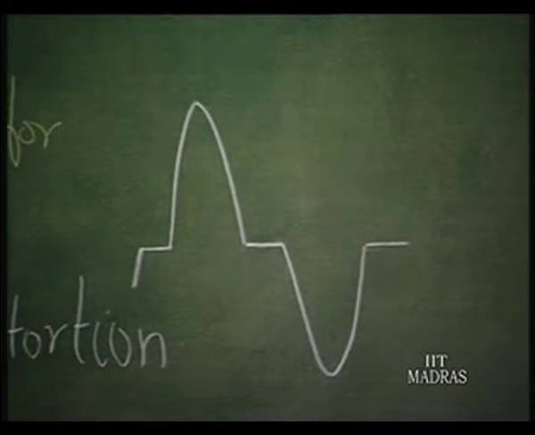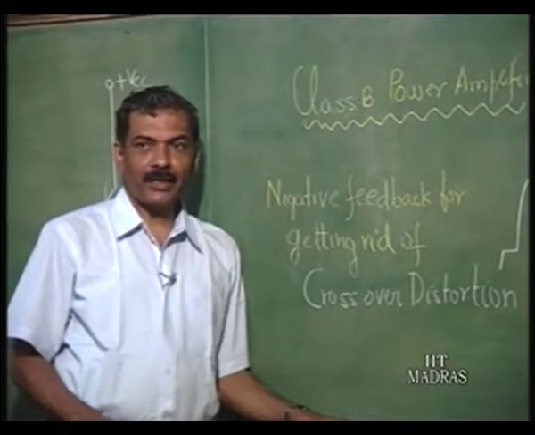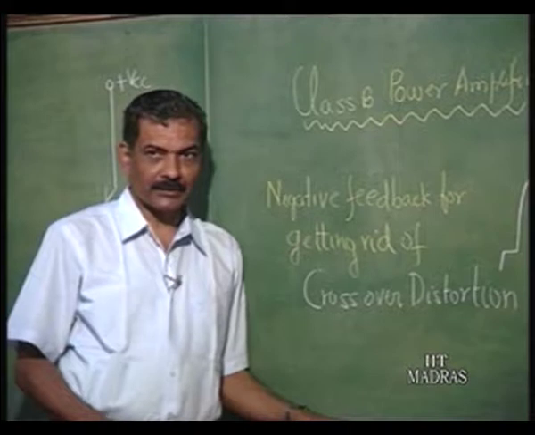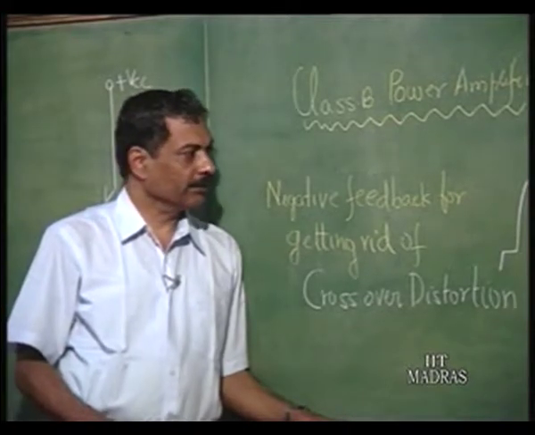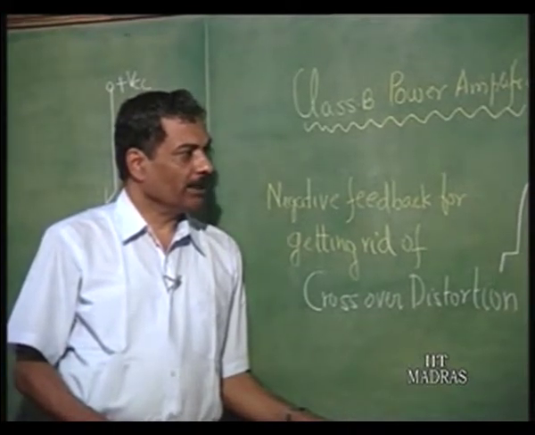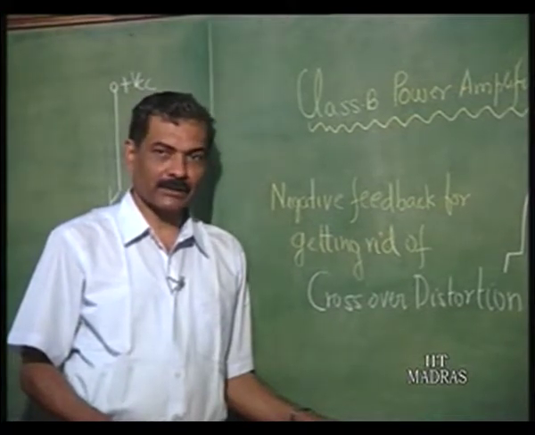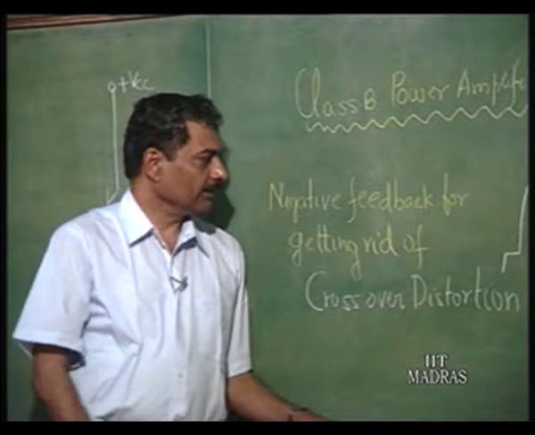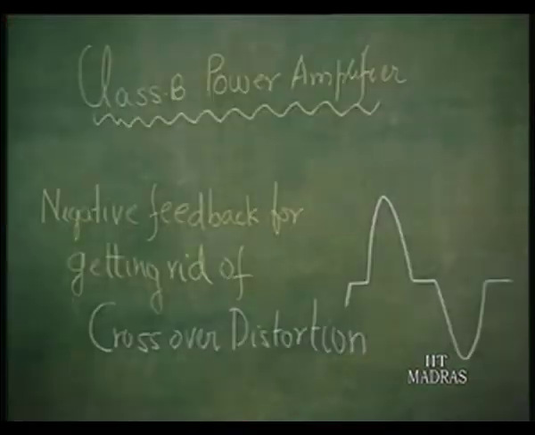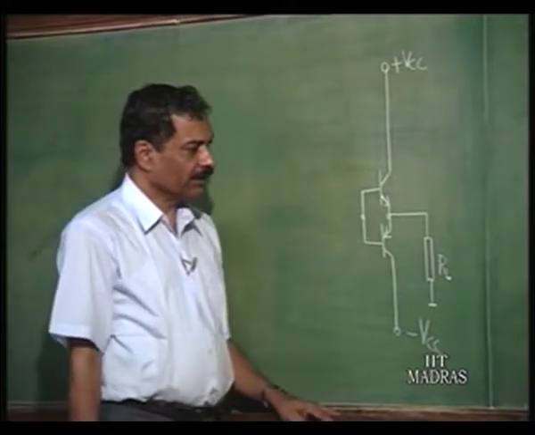This distortion can be reduced by class AB biasing, pre-biasing. But there is another way of getting rid of this crossover distortion by using negative feedback. So, today we will discuss how we can get rid of the same crossover distortion by using negative feedback.